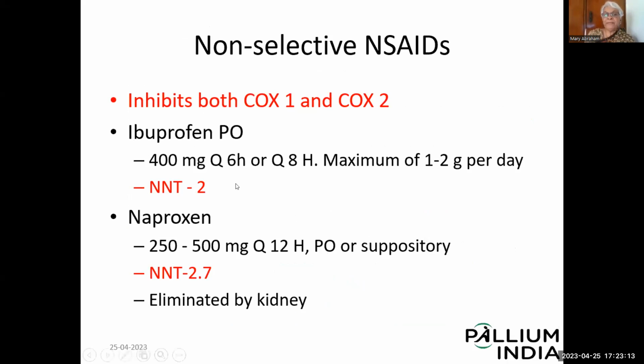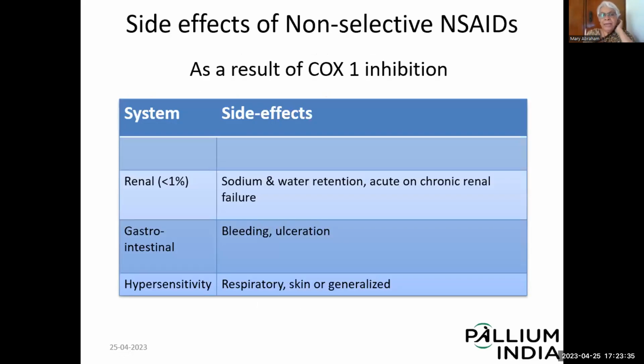So the example of that is ibuprofen, which has an NNT of 2, or naproxen, which has an NNT of 2.7. So they are very good analgesics. Like I said, these are the side effects. I won't go into that.